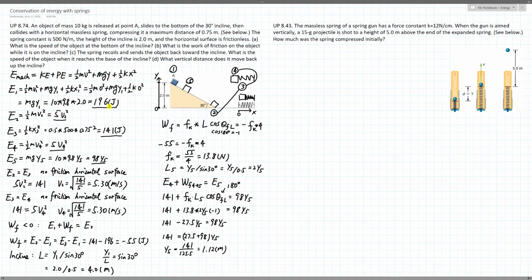Right, so we're writing them down, and then we're analyzing between which energy snapshots we can use mechanical energy conservation, and between which snapshots we can use a more general version of energy conservation, including the work done by friction. So all that worked out with all the answers, and this is the next question we have.